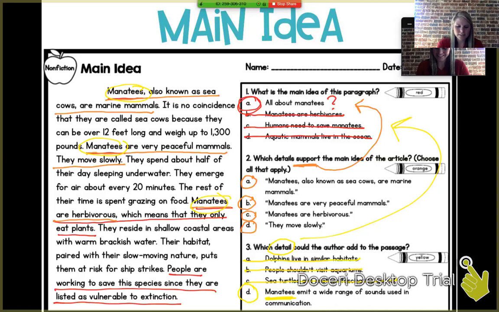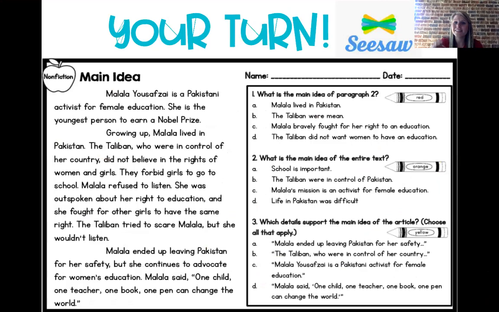All right, so now it's your turn. You're going to head on over to your activities on Seesaw, and you're going to see that you've got a passage today that looks just like the manatee one we did, just a different topic. And you're going to read about Malala Yousafzai, and you're going to answer these questions by doing the same thing I just did.